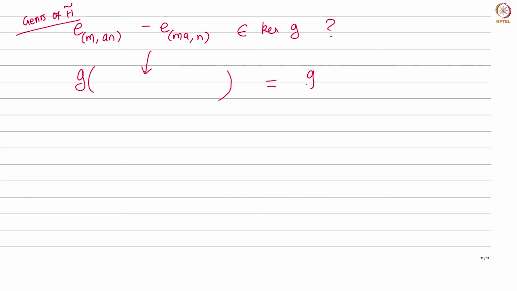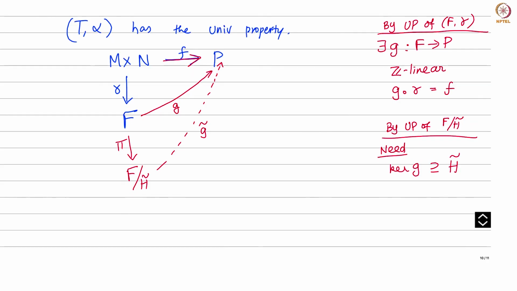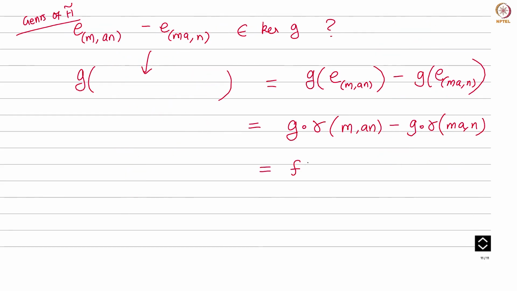Now G is a group homomorphism, a Z linear map, which implies that this is just going to be this. But then what is this? Well, this is just G composition gamma of M comma an minus G composition gamma of Ma comma n. Now, what was the property of G? Well, G gamma was F. So this is F of Man minus F of Ma comma n.